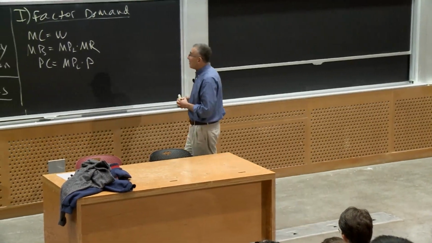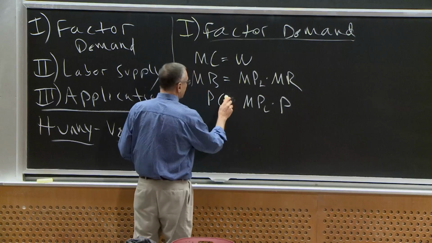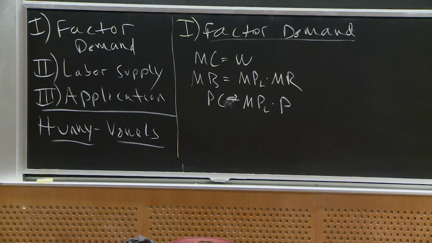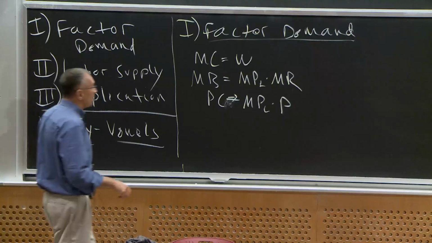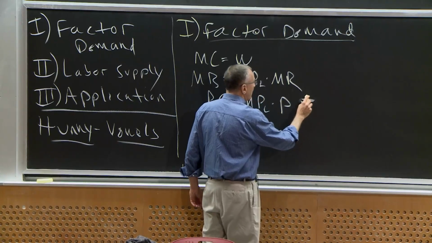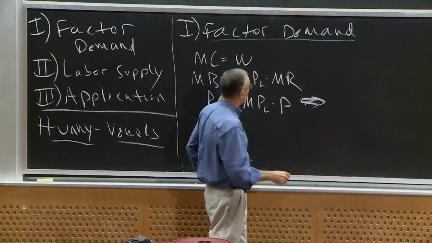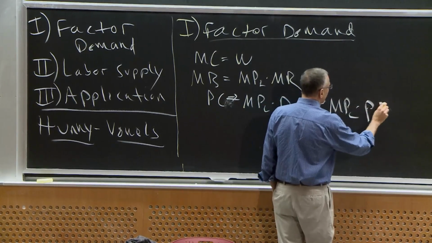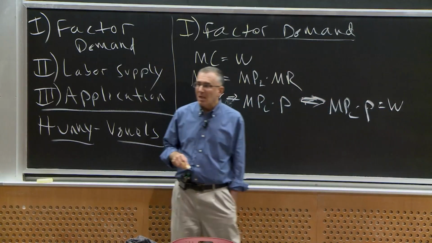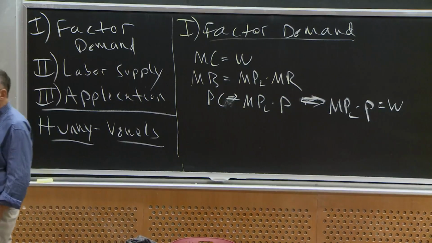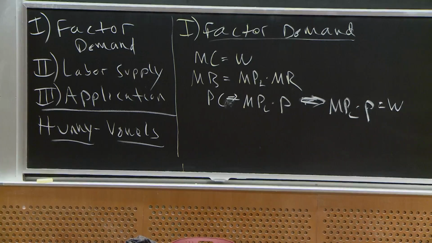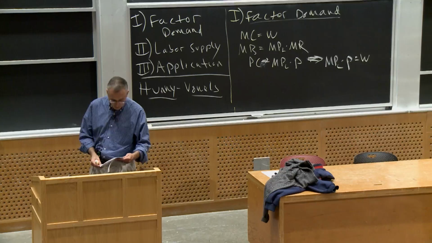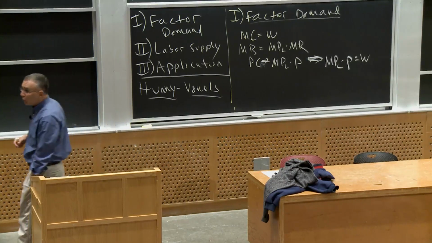So for a competitive market, if you set marginal benefits equal to marginal costs, you want to set the marginal product of labor times the price equal to the wage. And that's how you decide how many workers to hire. You basically hire workers until their benefits, which is the value of what they produce, equal their cost, which is their wage.